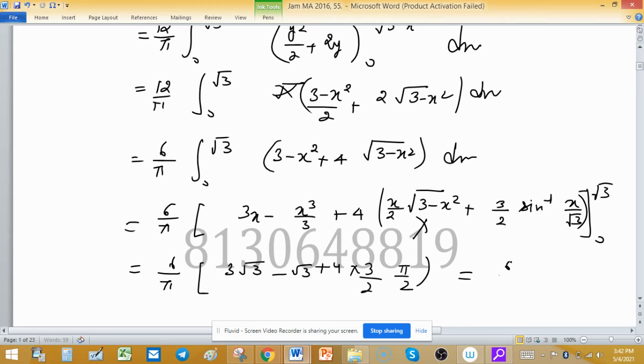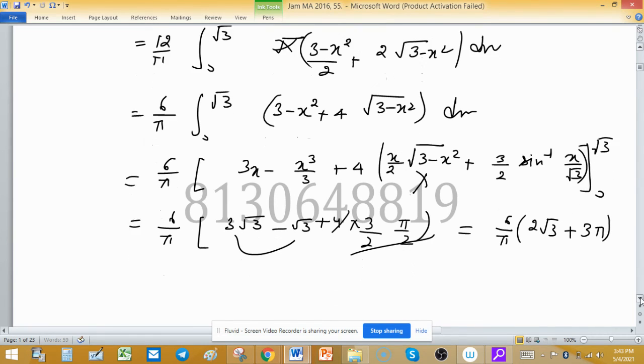So the value is 6 upon pi times 2 root 3 plus 3 pi, the 4 cancels out by 4.